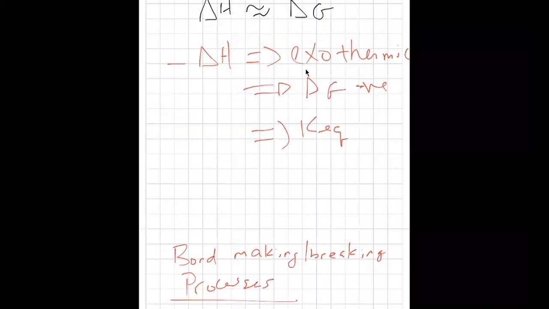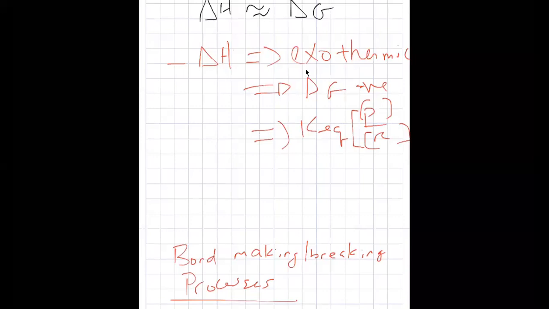We can say that for KEQ, if delta H is negative, then there's very little reactants left, starting materials left, because KEQ is products over reactants, the concentration of products over the concentration of the reactants.